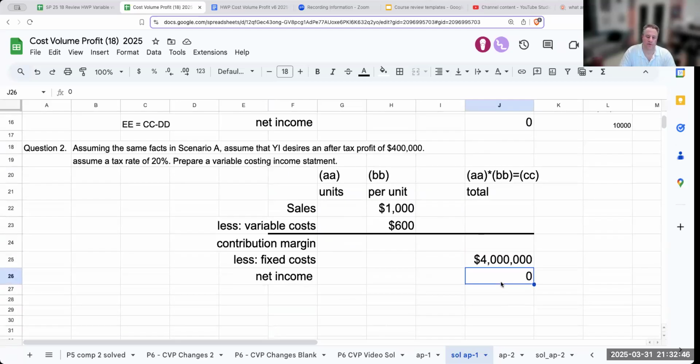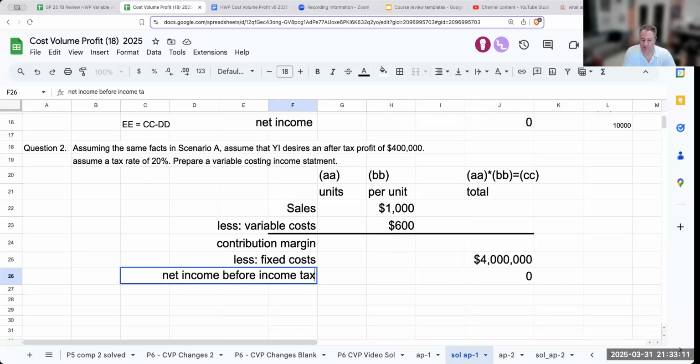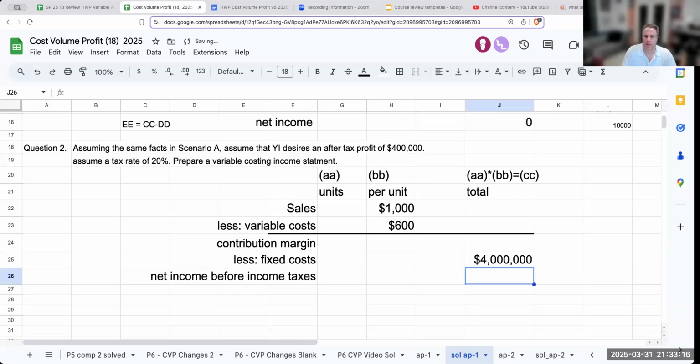But now I'm introducing that I want to achieve an after-tax profit. Very important is after tax. So I'm going to be adding in some new information. My sales minus my variable costs gives me my contribution margin. Minus my fixed costs gives me my net income before income taxes.